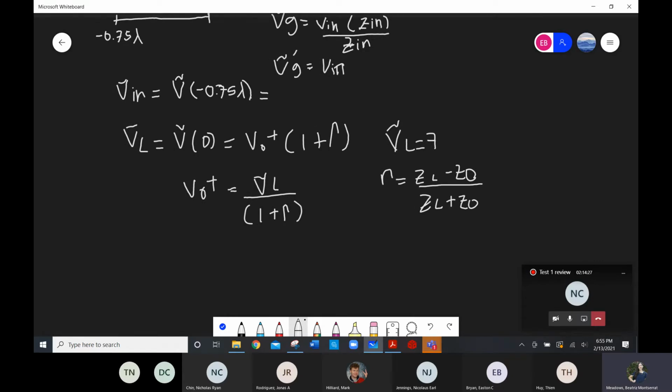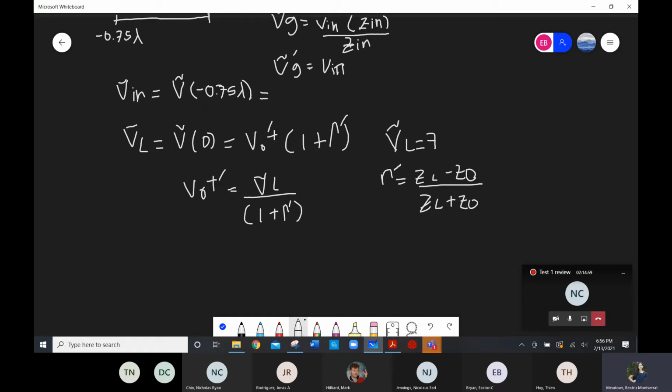And I'm going to go ahead and put primes on everything here because this is for the little transmission line, and I'm putting primes on everything on my transmission line, okay? So just so you remember, this is the little transmission line. So I'm trying to find V naught plus prime. Okay, so you guys can find ZL. ZL was a load that we start with.